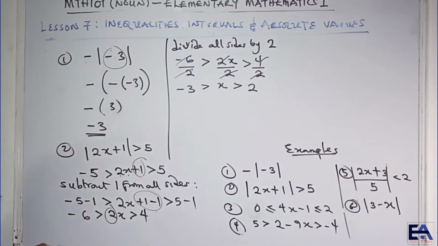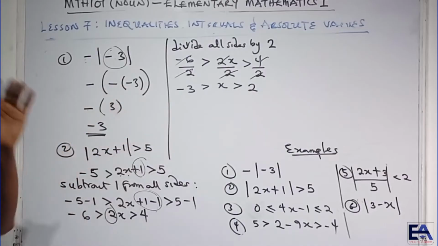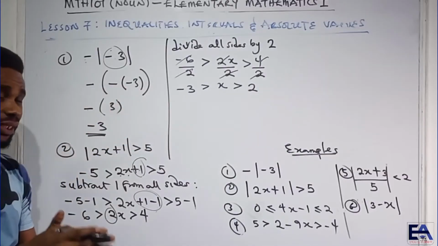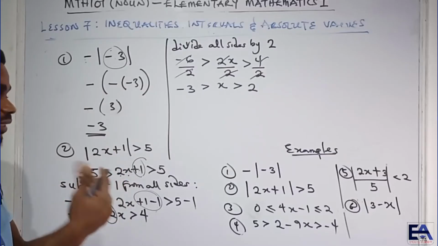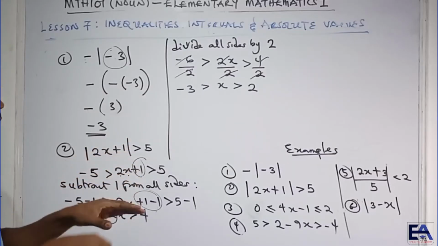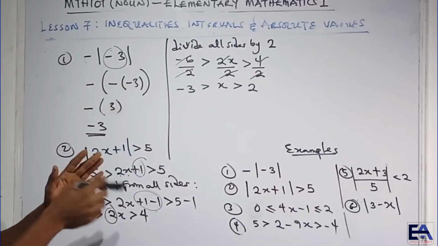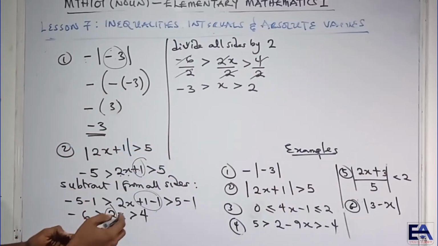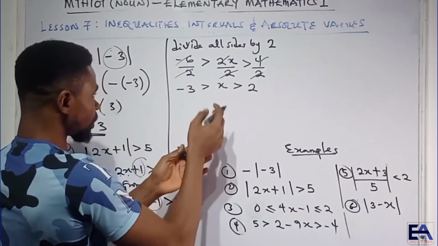Okay, now how do you represent this for real? Because the standard way of representing an inequality is like less than something, less than something, less than. So that's how to represent the interval. But in this case now, we are having everything facing that side. Well, you can keep your answer in a simpler form by switching, okay?